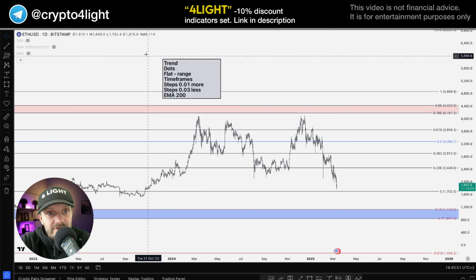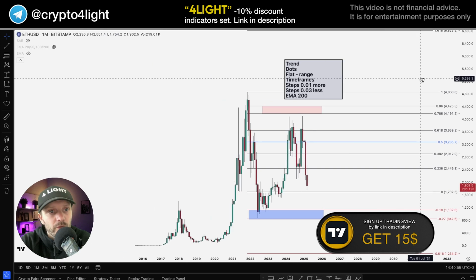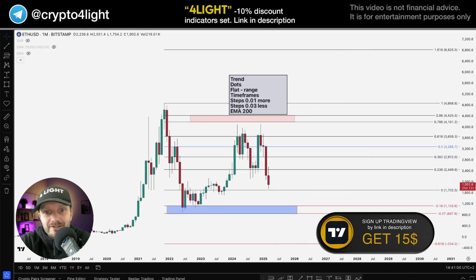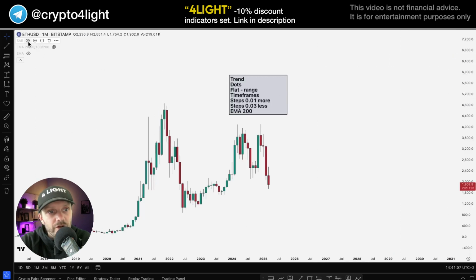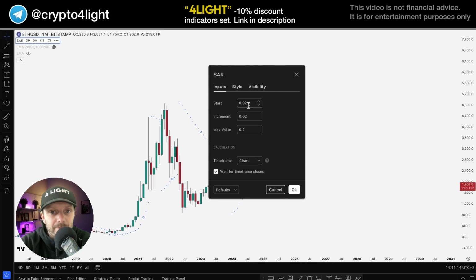Let's use the monthly. This is, by the way, Ethereum USDT on Bitstamp. Let's hide the FIB for a moment and the rectangles. So we turn on the SAR. We go into the settings. In settings, what can we change? These are the steps, and this is the maximum value. If you want more signals, you change to 1.